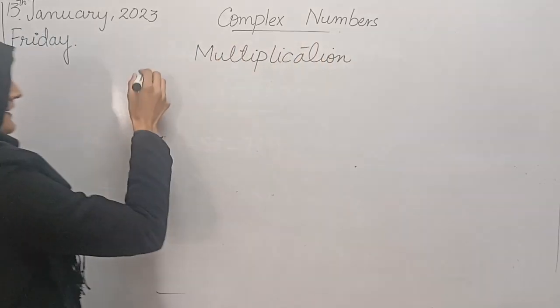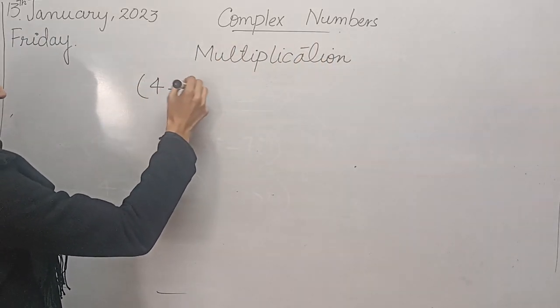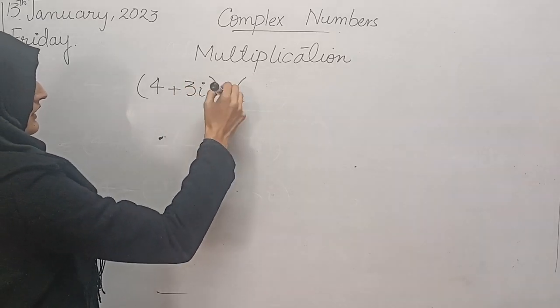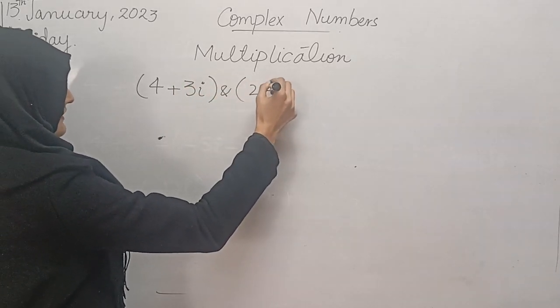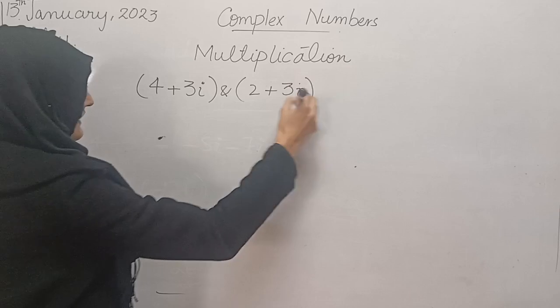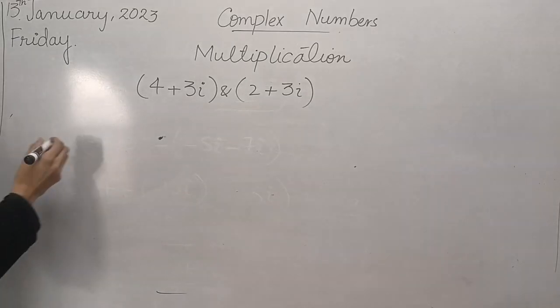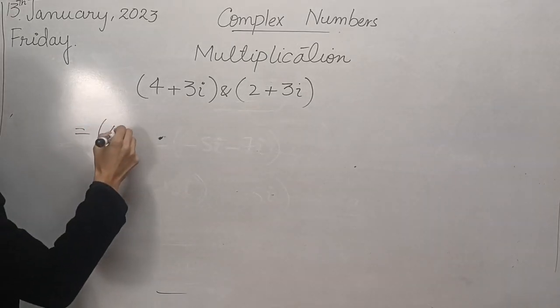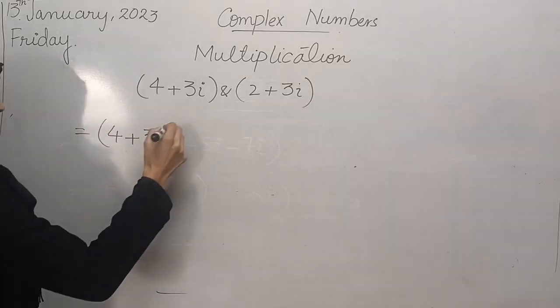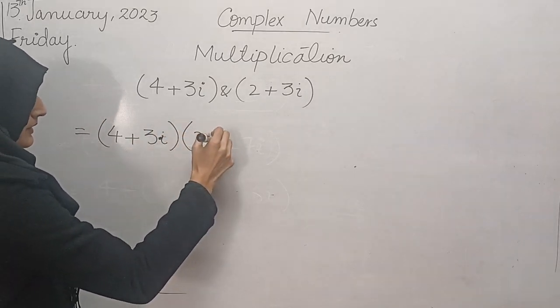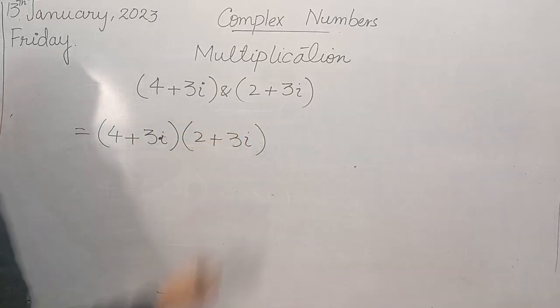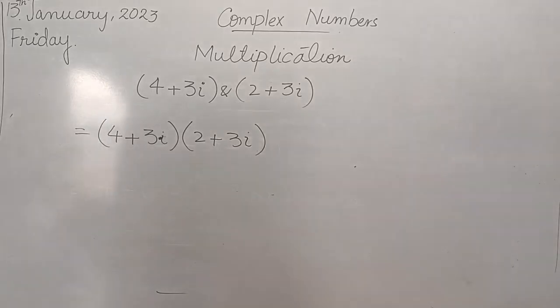We have two numbers, 4 plus 3 iota and 2 plus 3 iota, for example, and we want to multiply them. So we write them as 4 plus 3 iota and 2 plus 3 iota. When there is no sign between two brackets, it means they are multiplying with each other.